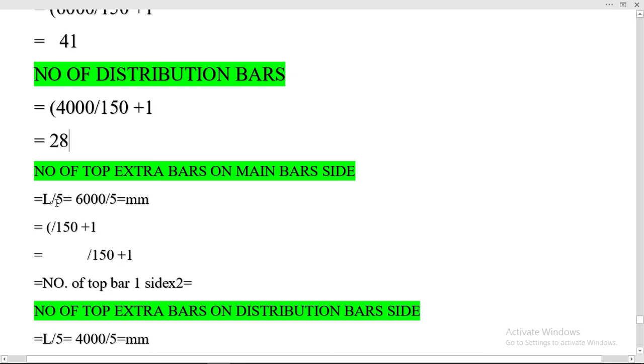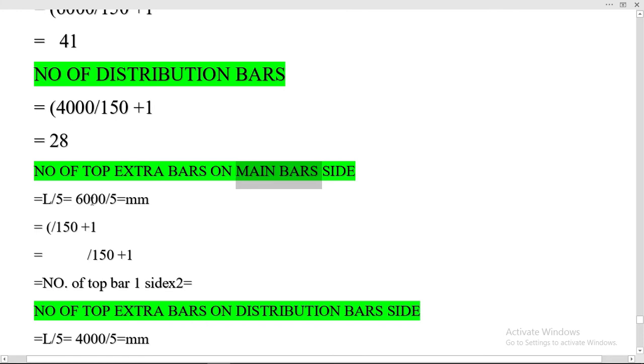So let me calculate now the number of top extra bars on main bar side. On main bar side, to calculate the length required for the top extra bars, we have the formula L by 5. L here is the clear span length. Main bars are provided on the shorter span side, so we will take the longer span.